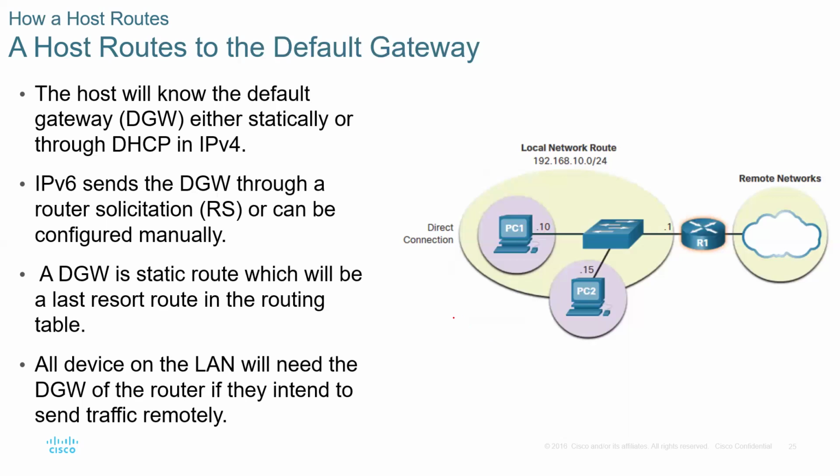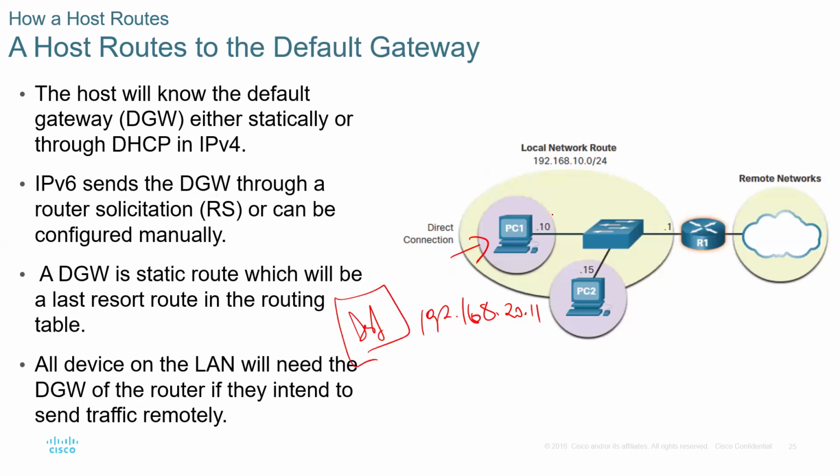Then you send your traffic from PC1 to an address 192.168.20.11. This is the destination.